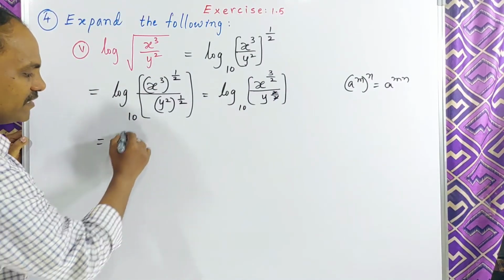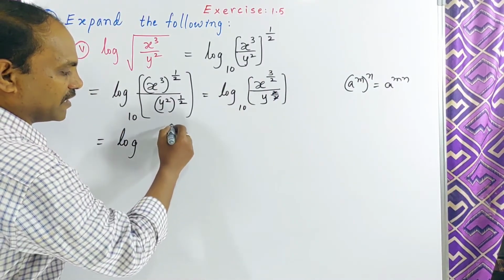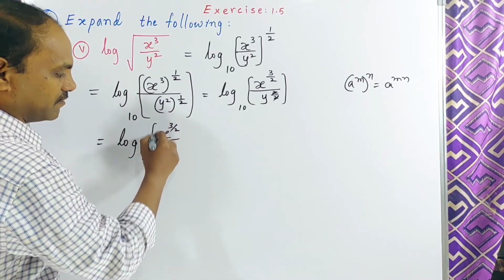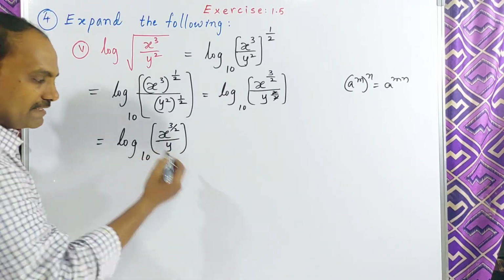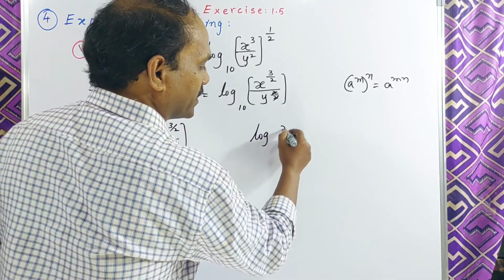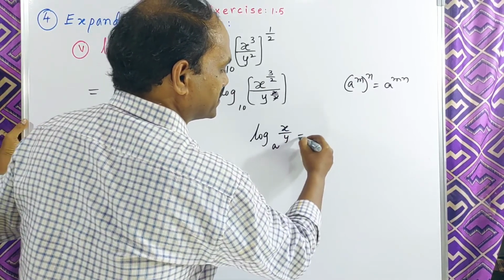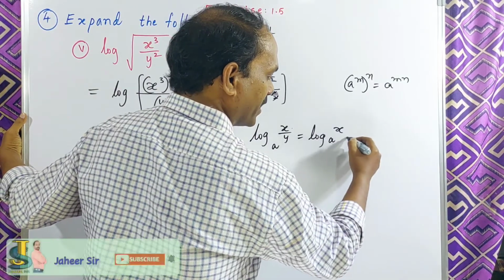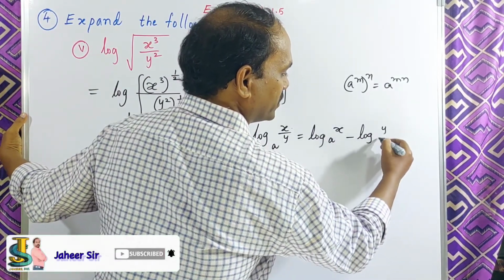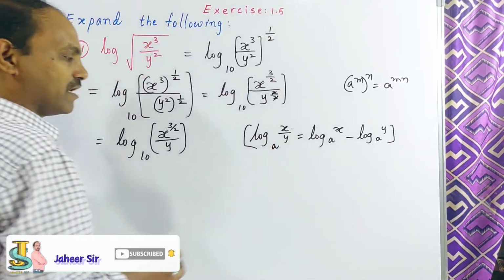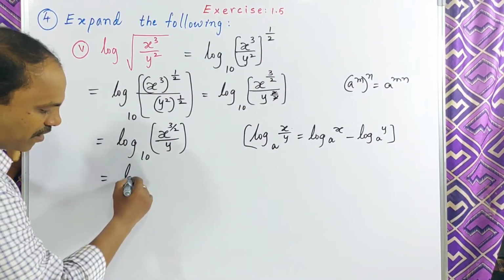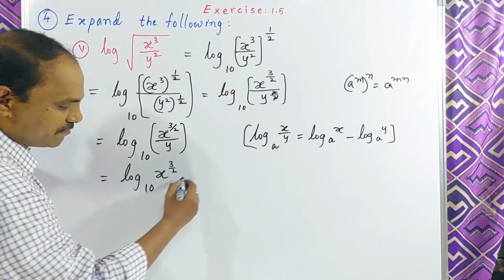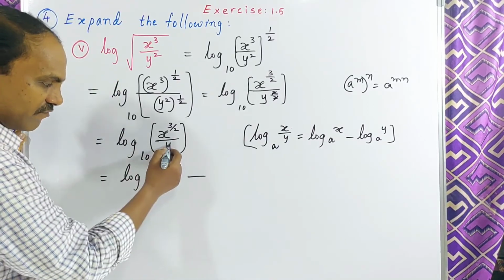So the last value is log x power 3 by 2 by y to the base 10. Now division is there, so log x by y to the base a is equal to log x to the base a minus log y to the base a. By using this formula we can expand this one: log x power 3 by 2 to the base 10 minus log y to the base 10.